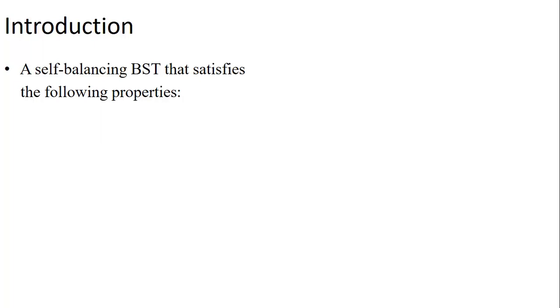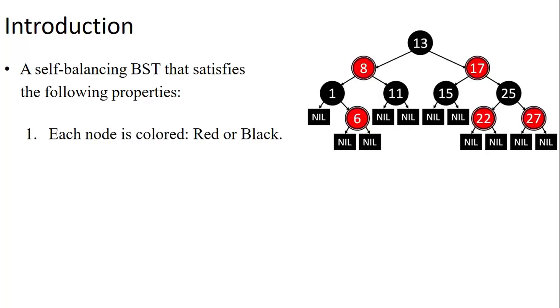A red-black tree is a self-balancing binary search tree that satisfies the following 5 properties. On the right hand side, you can see a simple RB tree. And with the help of these, let's look into the detailed properties one by one.